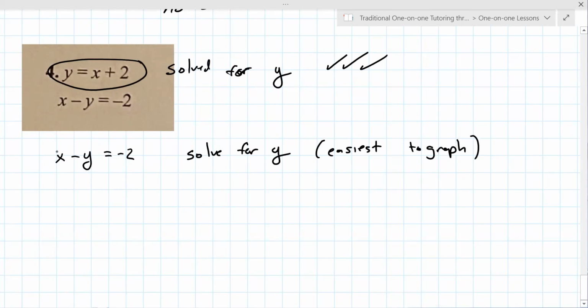So is the x positive or negative here on the left?